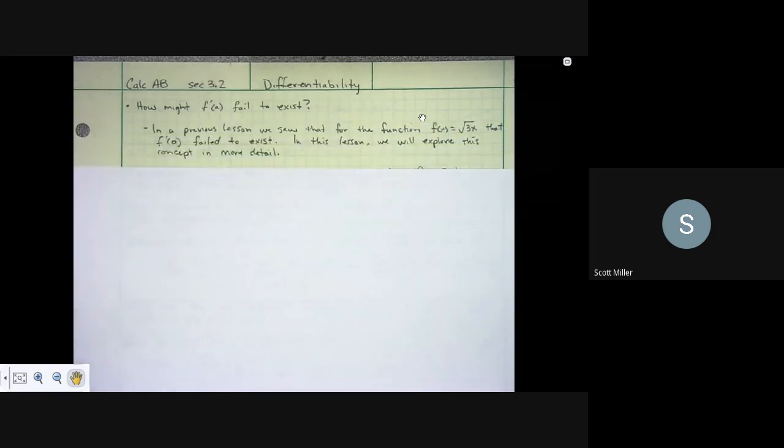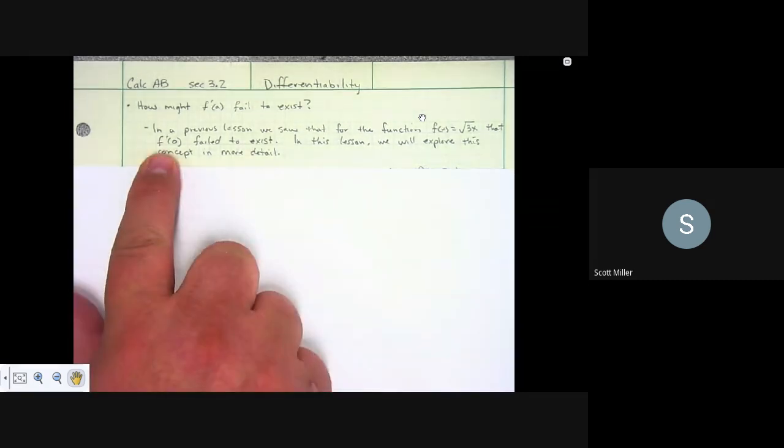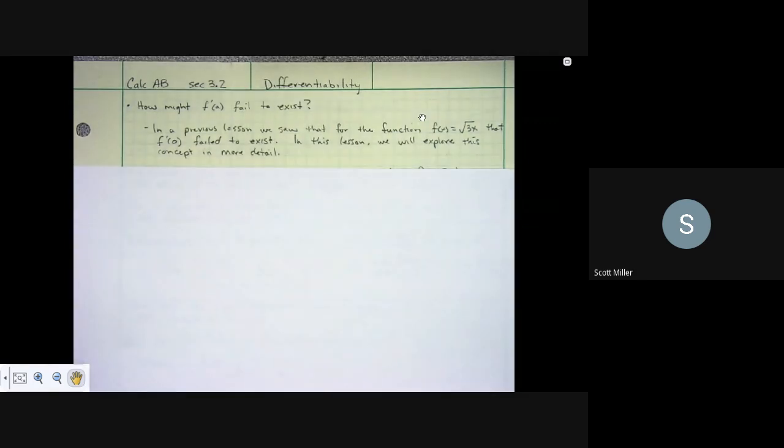In the previous lesson, we saw that for a function f of x equals the square root of 3x, f prime at 0 failed to exist. And so in this lesson, we're going to explore this concept in more detail to see if we can't predict when that might occur in future functions.